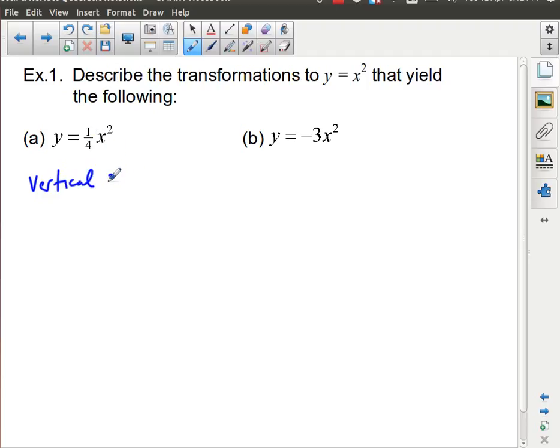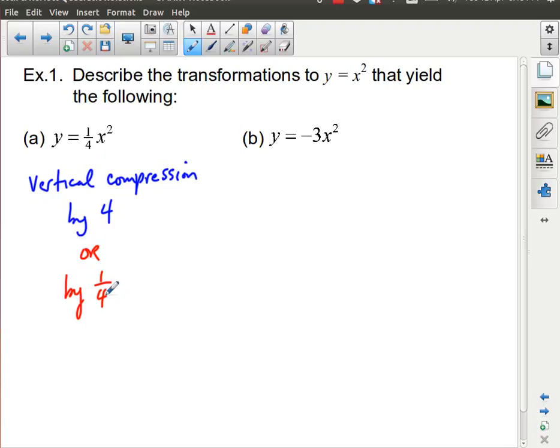That means that's a compression by, now typically, I would say this is a vertical compression by 4. But that can be confusing for some students. It is also acceptable to say that is a vertical compression by 1/4.